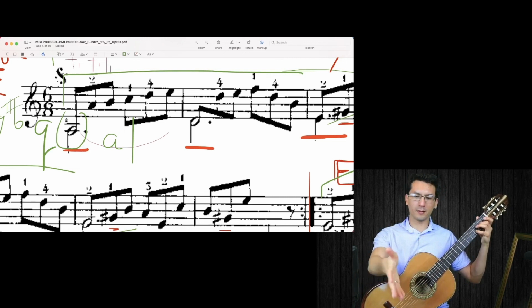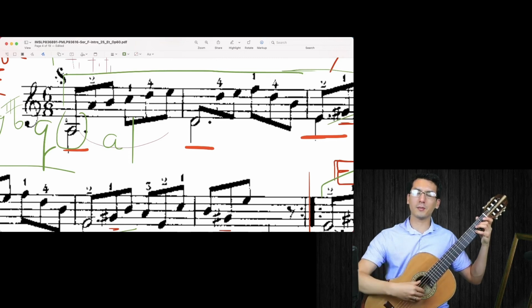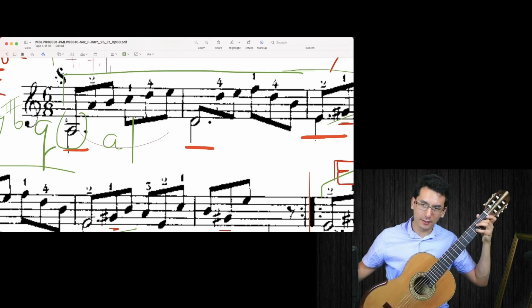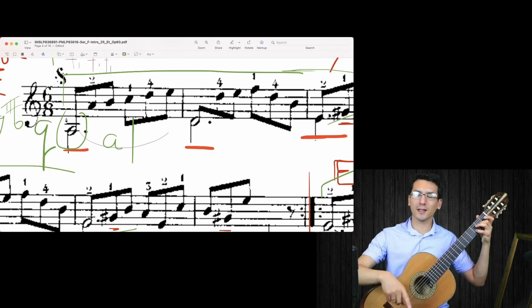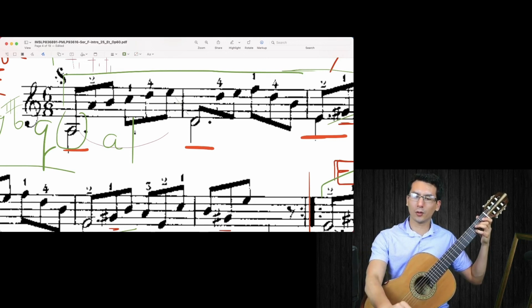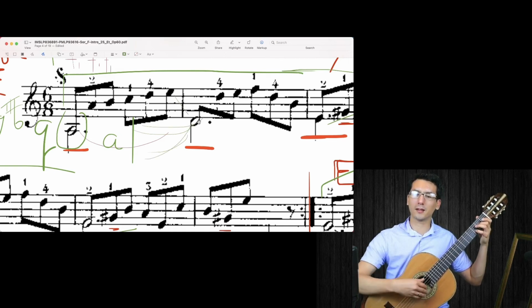So if I leave that bar, if I don't go on to the next bar, if I just leave it hanging, hopefully you can hear the decay going on, and then I'll try to connect all of those beautiful resonances with the next note.